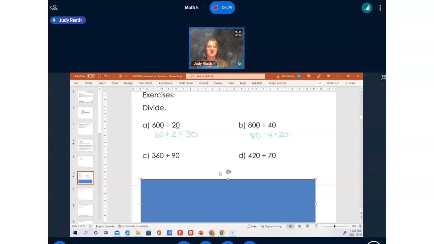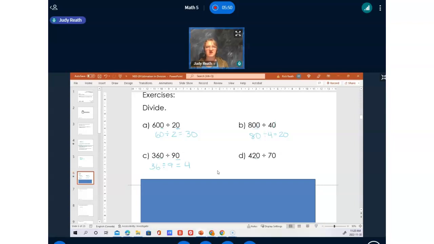And looking at these ones, a similar thing. We've got a 0 here and a 0 here. So we can divide both the dividend and the divisor by 10, giving us 36 divided by 9, which will equal 4.